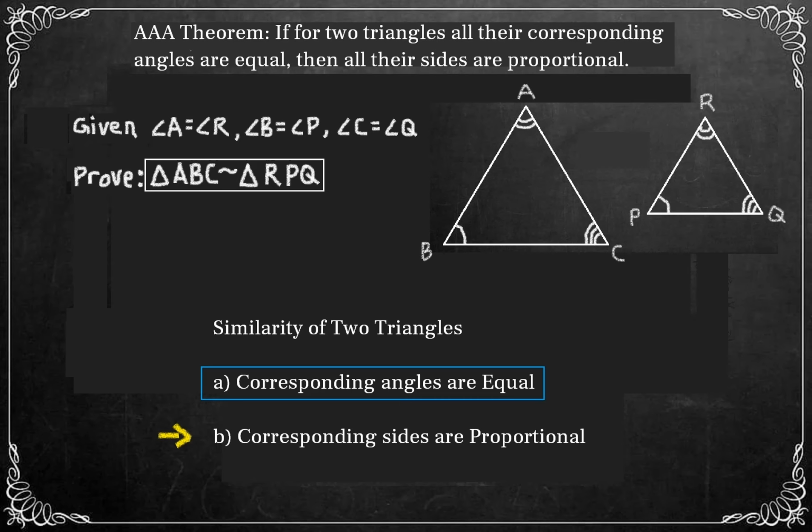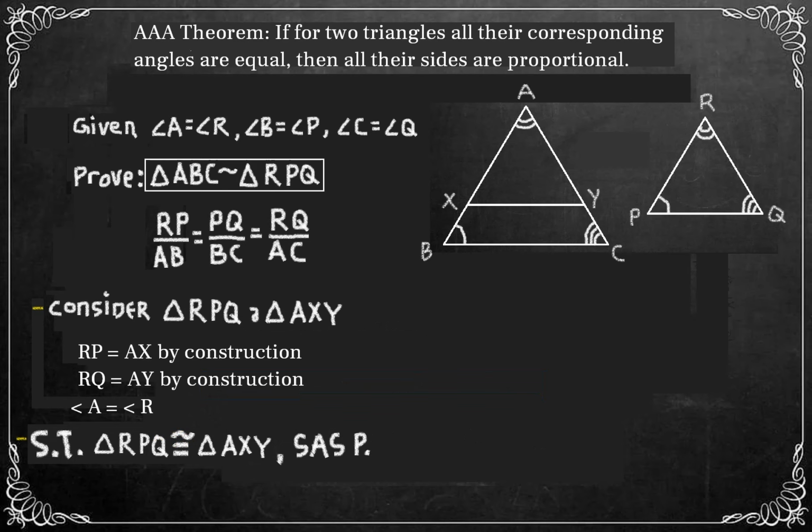Then, we want to prove the triangles are similar. Since we are given the blue box, we need to prove the yellow arrow. Does that sound good? If it does, then essentially we want to prove the following triple equality. RP over AB equals PQ over BC equals RQ over AC.